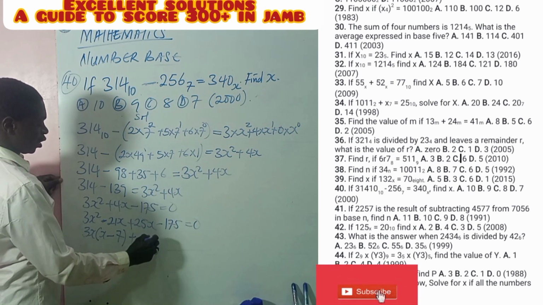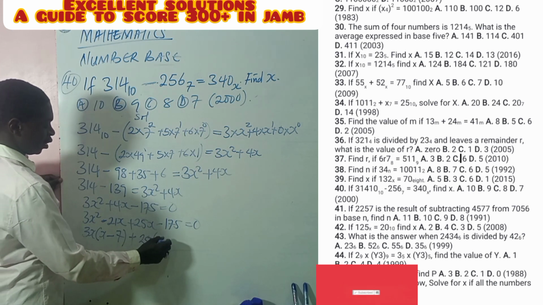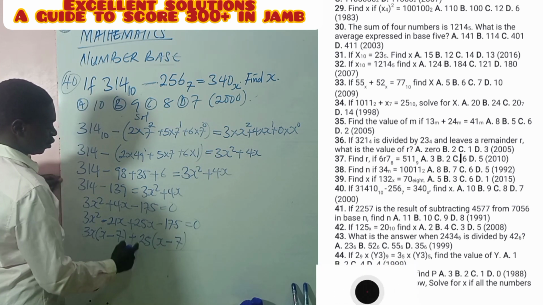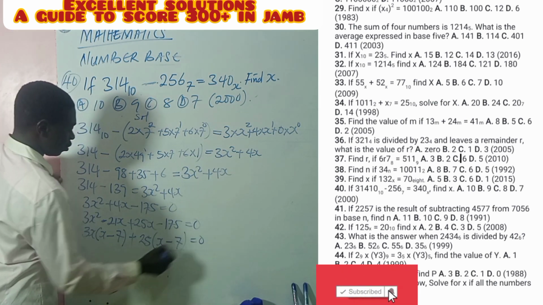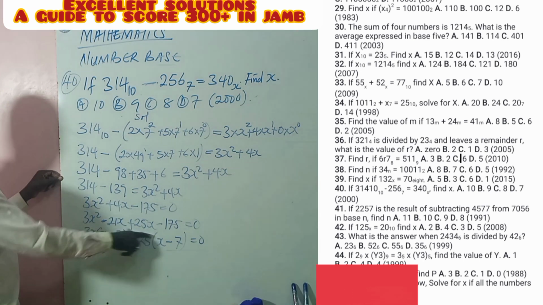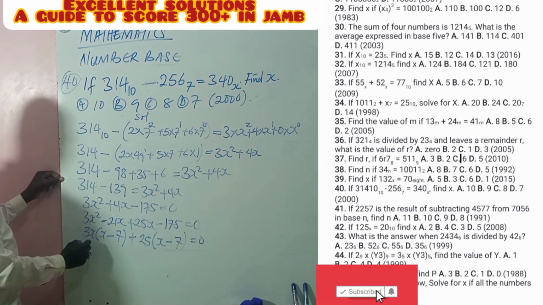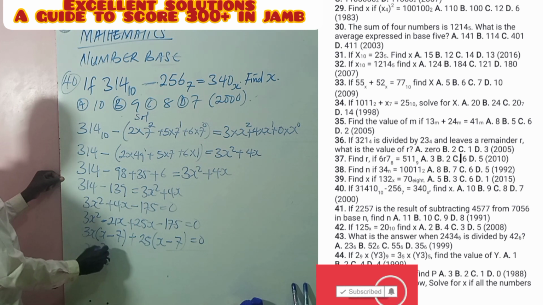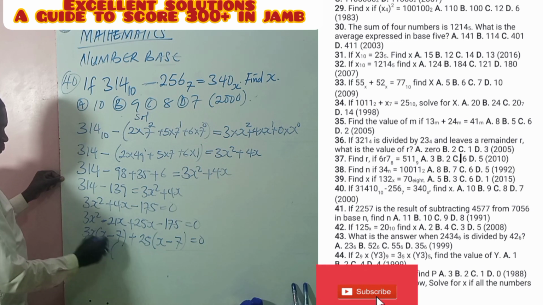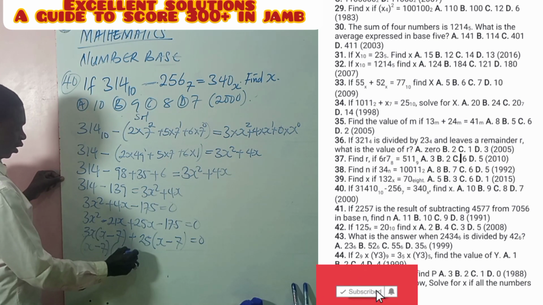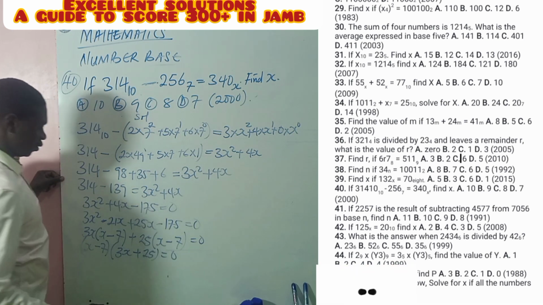This is the same as 25 bracket open x. 25 times x we have 25x, then minus 7, 25 times 7 we have 175, equals 0. So here we have a common factor, which is x minus 7. We can now say this is the same as x minus 7 in bracket open 3x plus 25 equals 0.